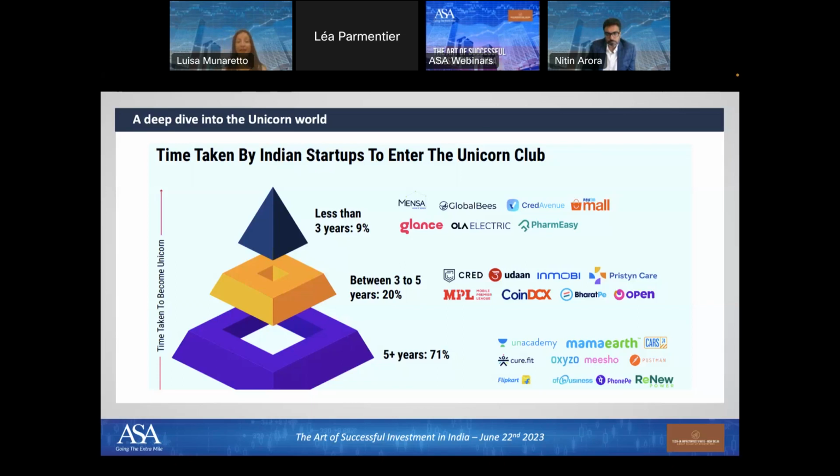Clearly this company was able to catch up with this need for better healthcare services in India. Over time, both the startups and the funds behind these startups were able to have a better focus on customer needs.